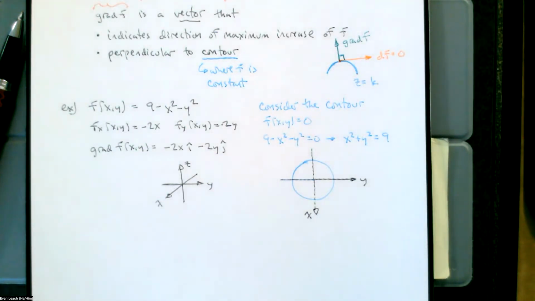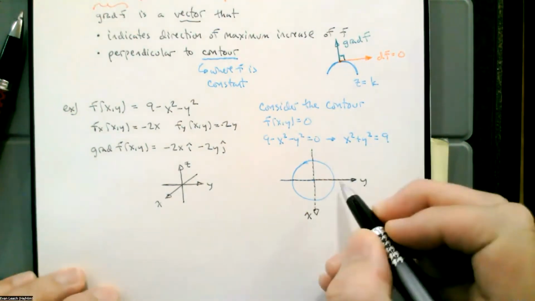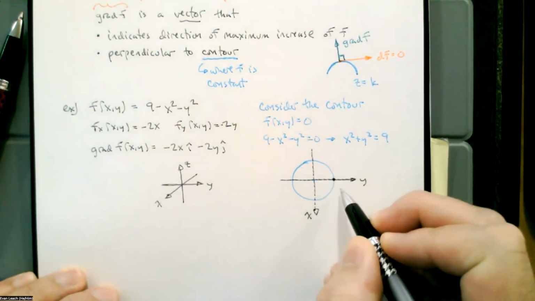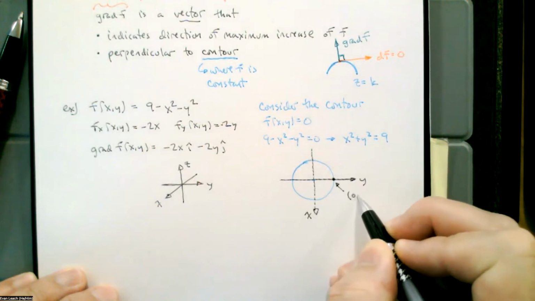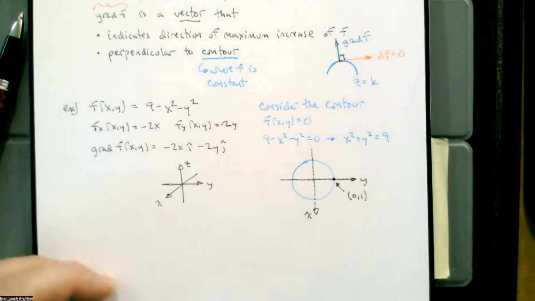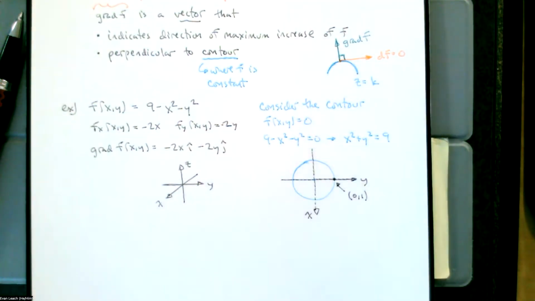So I'm going to pick a point where it's easy to see what's going on. So I'm going to pick this point, 0, 1. Remember, I made positive x go in the down direction, positive y go in the right direction.